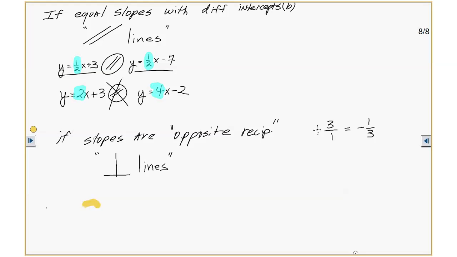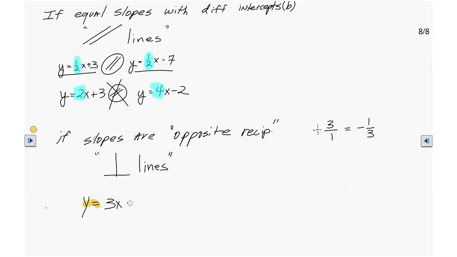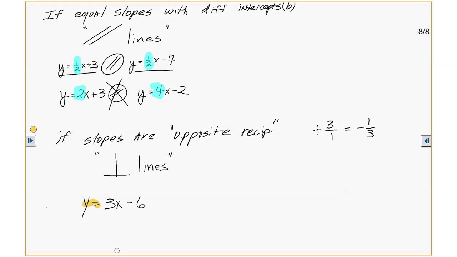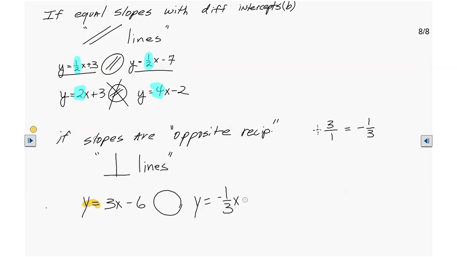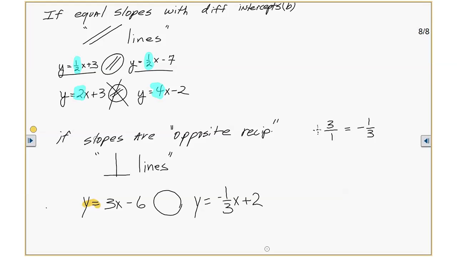So that's a little review. So if I give you y is equal to 3x minus 6, and y is equal to negative 1/3 x plus 2, then you would say that these two are what? Perpendicular, because negative 1/3 is the opposite reciprocal of 3 over 1.